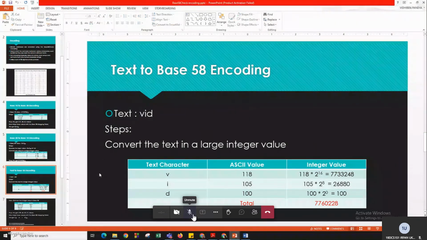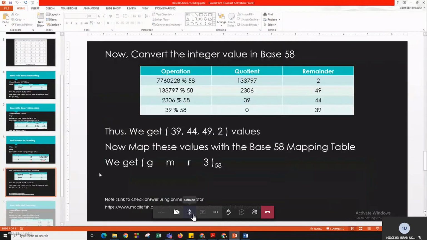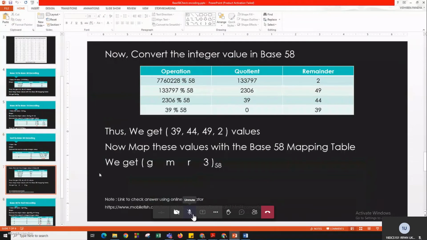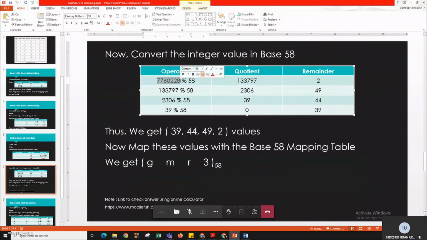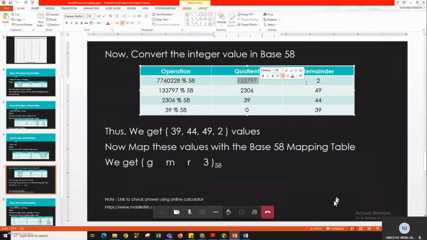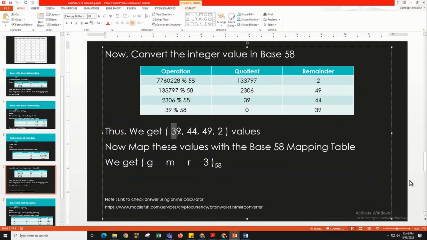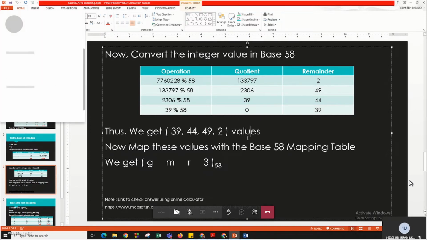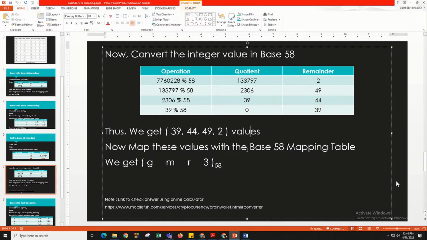Now, just like we did the calculation for decimal, the same steps we are going to follow. We have the integer value, so we do the modulo operation and get the quotient as well as the remainder. We continue until the quotient becomes 0. Whatever remainder values we get, we write in reverse order, that is 39, 44, 49 and 2. Then we map them with the base 58 mapping table.